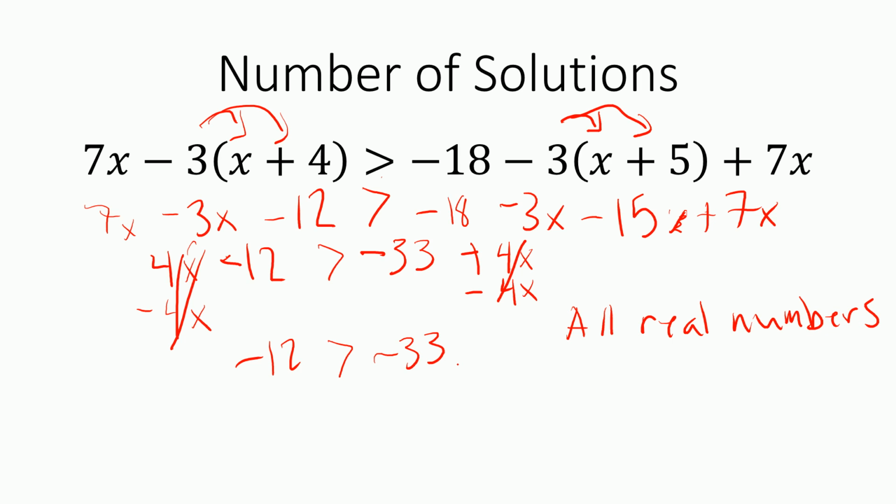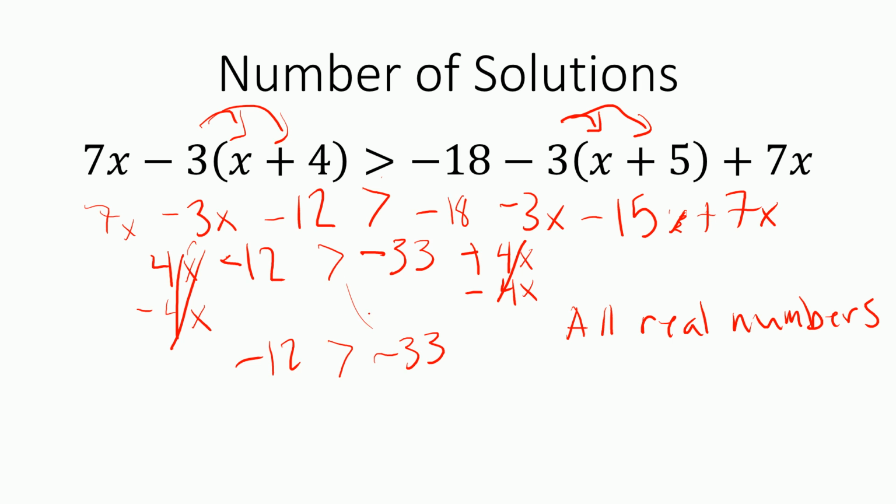Okay. In an equation, if we ended up with the same thing on each side of an equation, then we would say all real numbers also. If this was not true, whether it was an equation or an inequality, we would say there is no solution because there's no value we could plug in for x that would make the inequality or the equation true. It's just not possible.